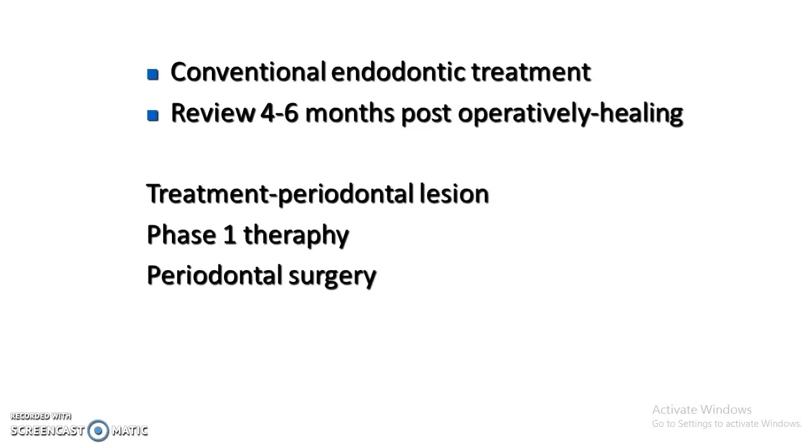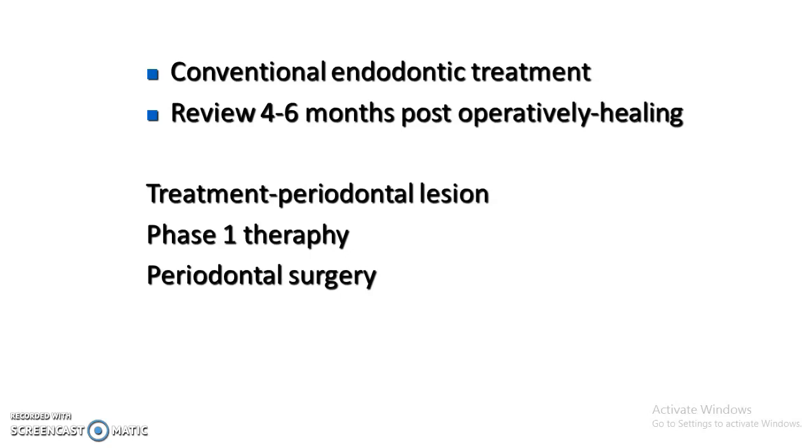Primary periodontal and secondary endodontic lesion: the prognosis depends on the severity of periodontal disease and the periodontal tissue response to the treatment. So how much the periodontal disease has affected, what treatment is given, and the patient's response to the treatment. To recap: the primary endodontic lesion, the prognosis is good.